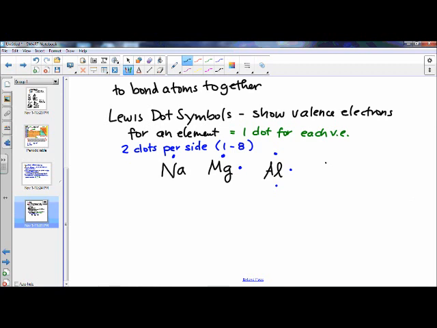Then we have the carbon family. It has 4 valence electrons. The next family, the nitrogen family, they have 5. Now, this is the first time I can get 2 dots on a side. 1, 2, 3, 4, 5.